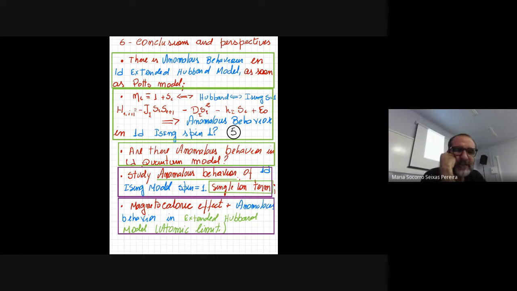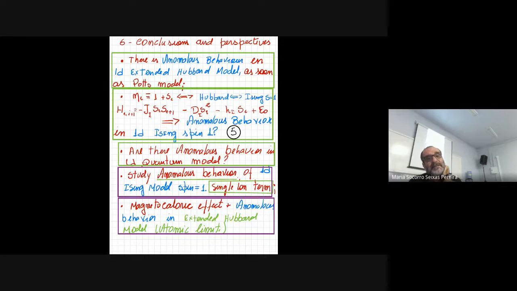But there is one interesting thing: in nanowire, these terms were very important to pseudo transition in one wire. We identified it in nanowire. But at this moment, we cannot find pseudo transition in spin 1 in one dimension.